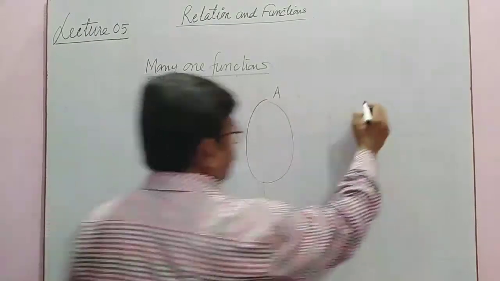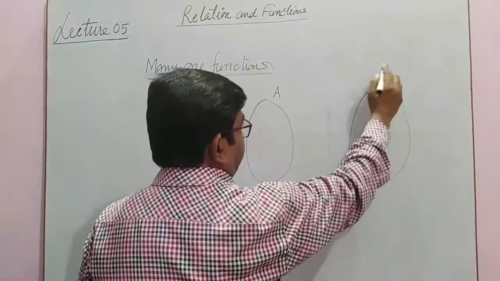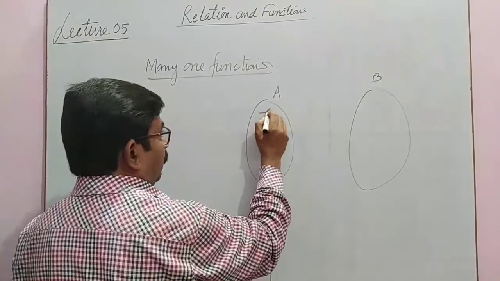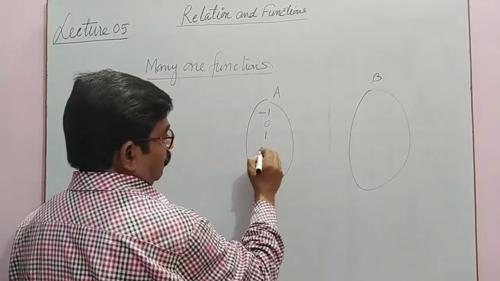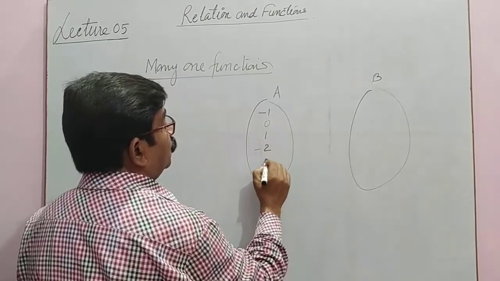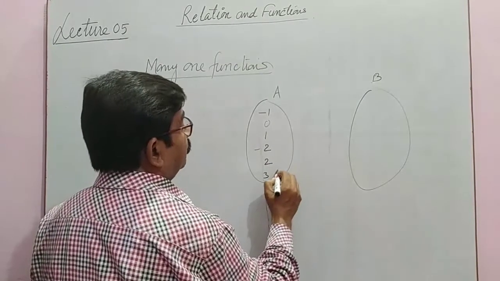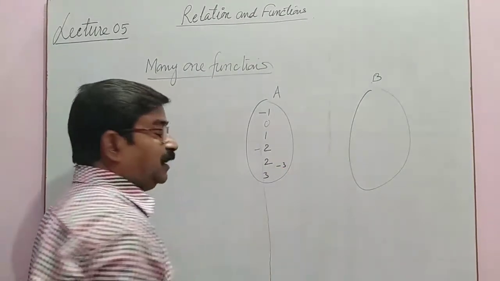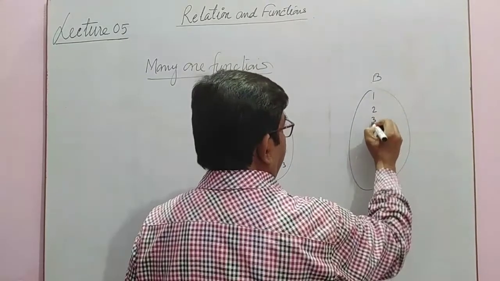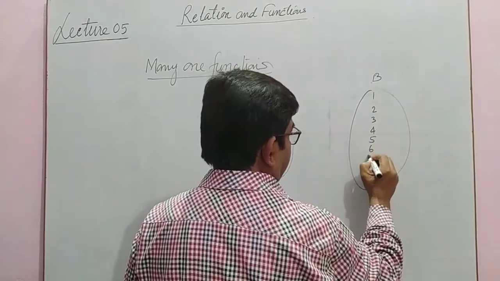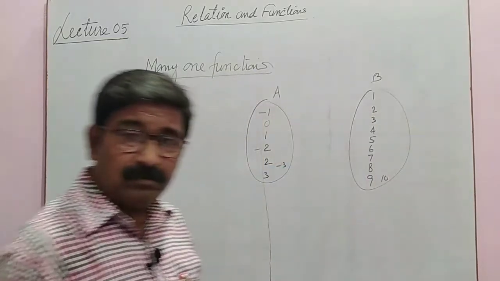See, this is set A and this one is set B. Here we have -1, 0, 1, -2, 2, 3, -3, and so on. Here we have 1, 2, 3, 4, 5, 6, 7, 8, 9, 10, and many more.